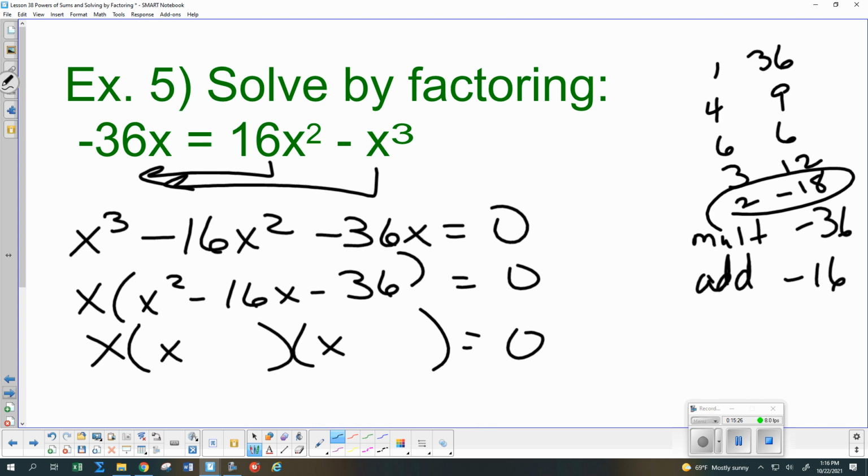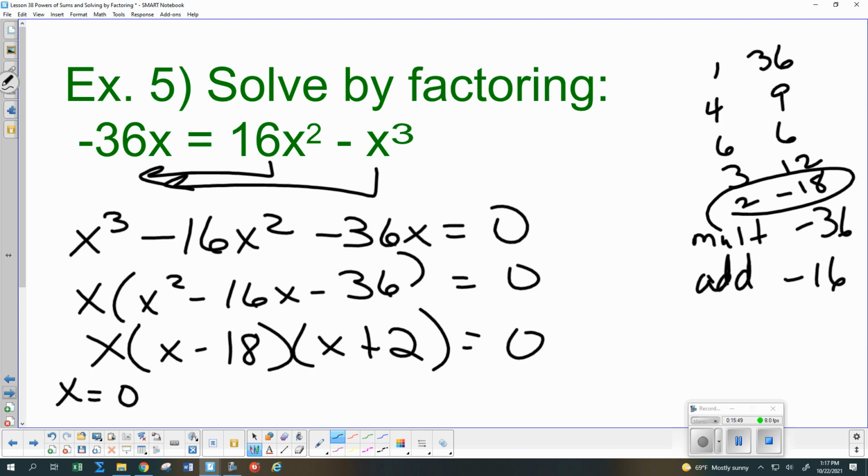And so I put in my minus 18 and my plus 2, and that means now I've got 3 things multiplied to equal 0. I have to pay attention to all, however many factors I have, all of them. The x could be 0. Does that make sense? Can I have x be the number 0?